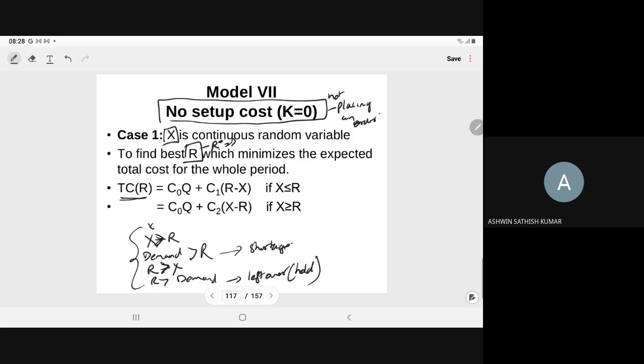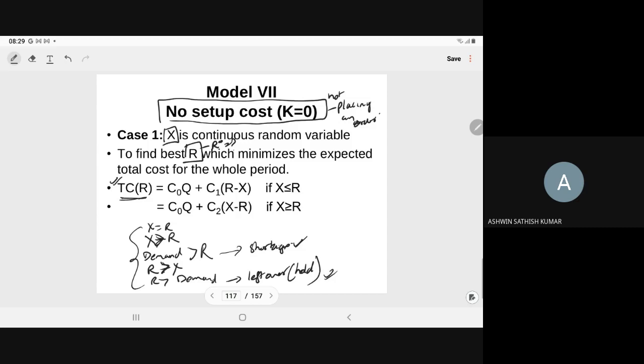If X is equal to R, demand equals the desired inventory level, so no shortage, no holding, and that will not affect the cost. In the total cost, either we have to hold or we have to face shortage.